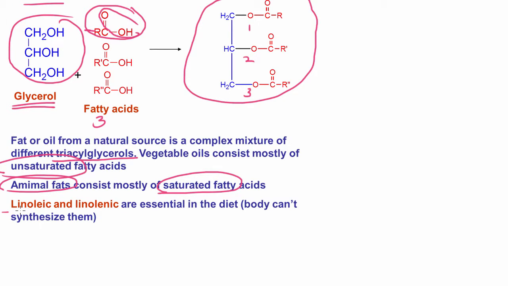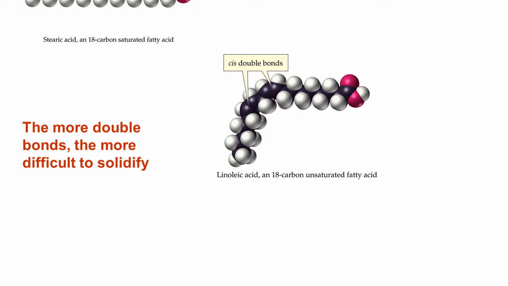I'm just going to mention this right now, that linoleic and linolenic acids are essential in the diet. What that means is our body cannot synthesize them, so we must get them from dietary sources. And we'll talk about these two fatty acids in a little while.